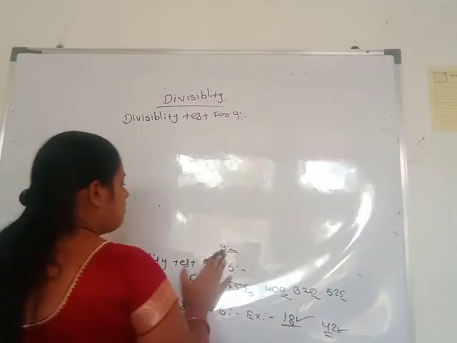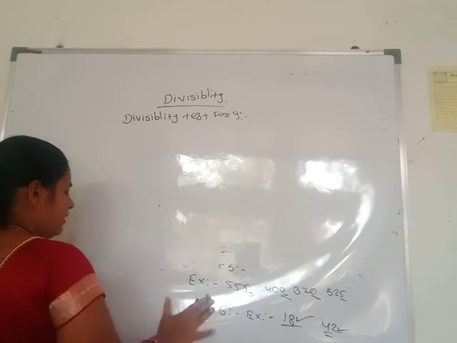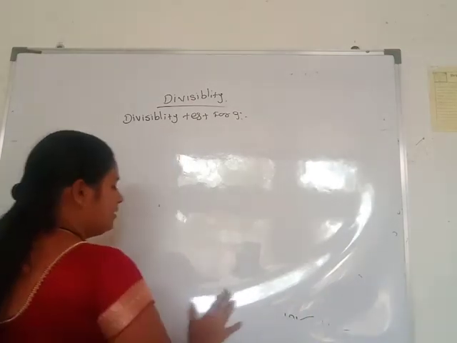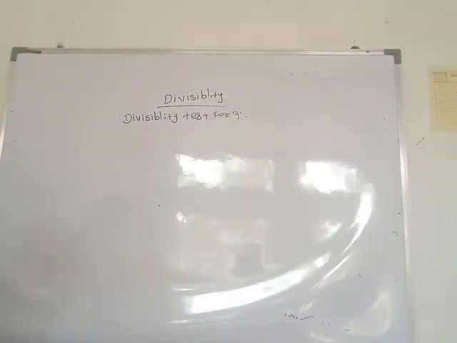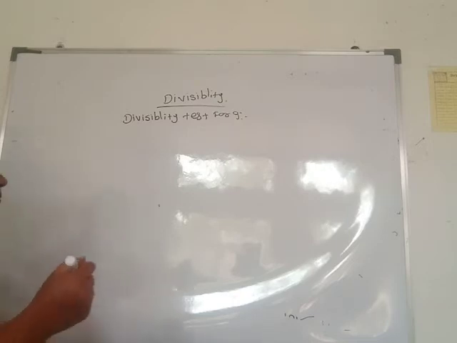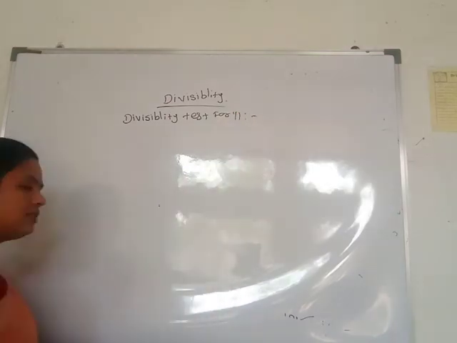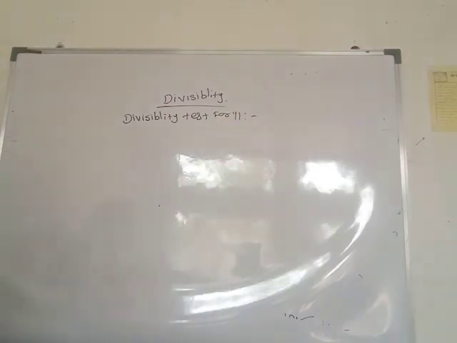If the difference between the sum of the digits in the even places and the sum of the digits in the odd places is 11 or 0, then that number is divisible by 11. Then see the example.